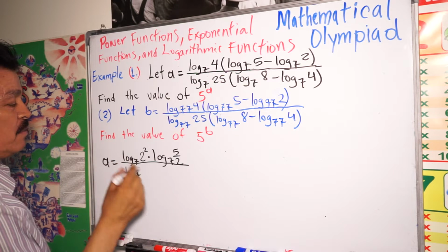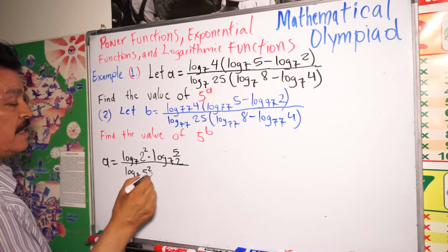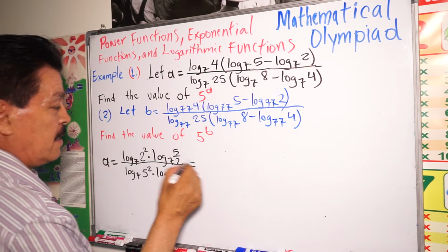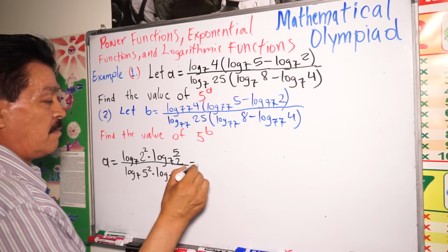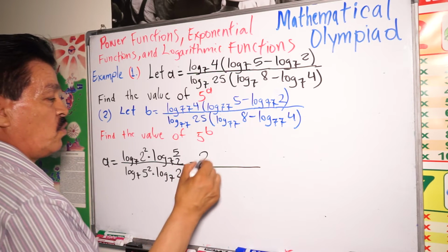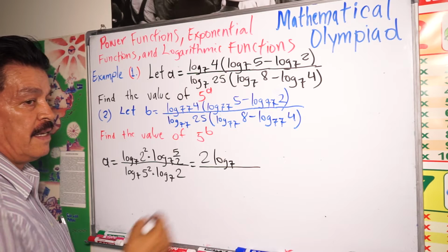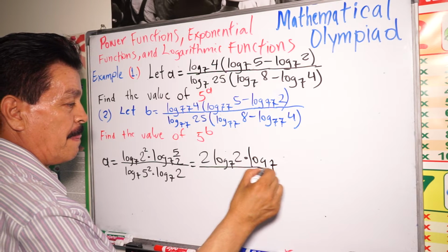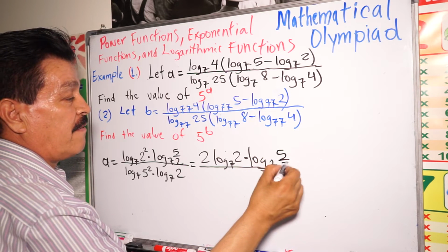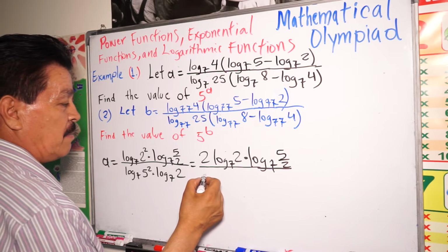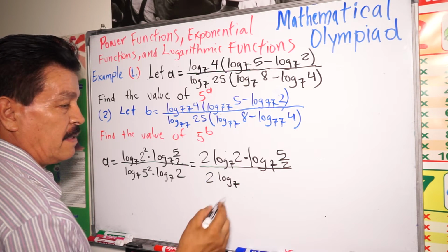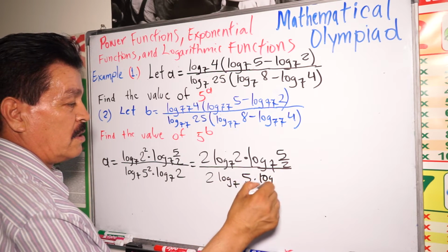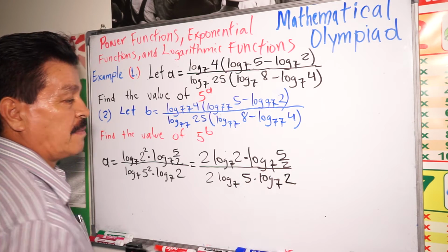We have 25 here, we can write 5 to the second power, times log base 7 of 2. Simplifying, here we have 2 times log base 7 of 5 halves, and the value divided by 2 log base 7, here 5 times log base 7 times 2.